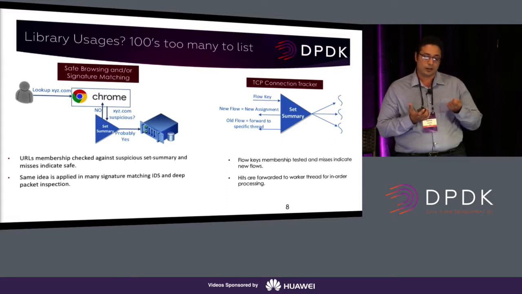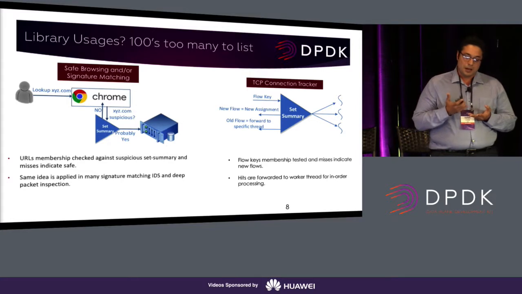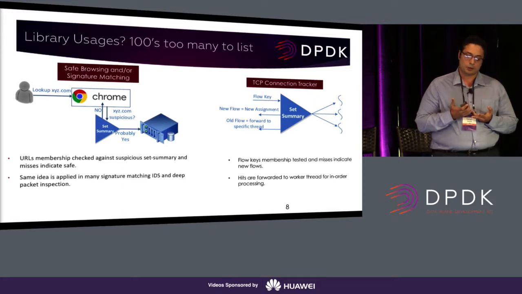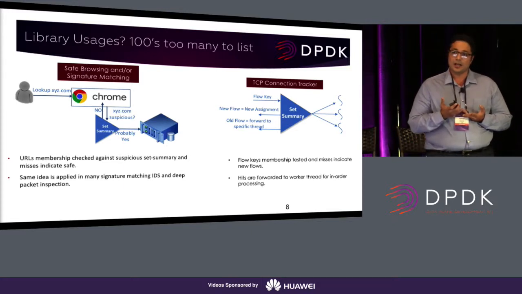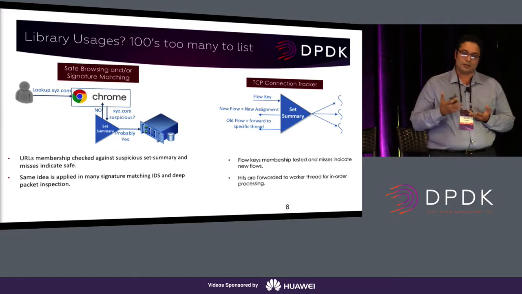You get the URL and do a very fast query in this database. If it is a good URL, it will return saying it is a good one, so you go ahead and send it to the backend server. But if it is a bad one, you will send it to more packet inspection or more IDS.